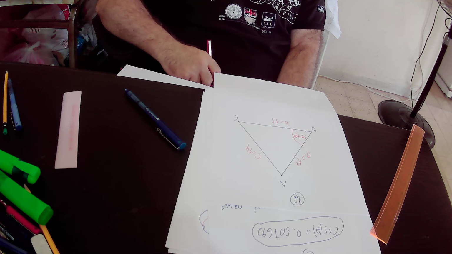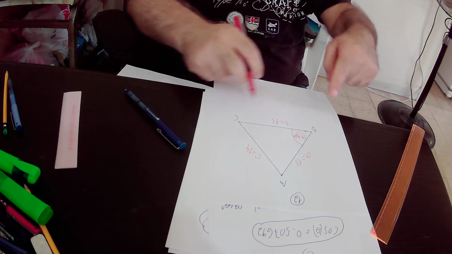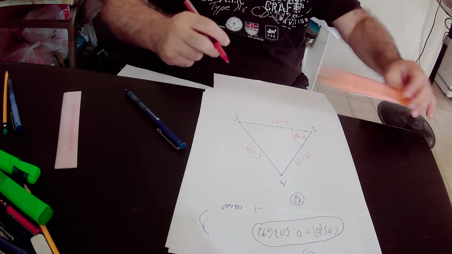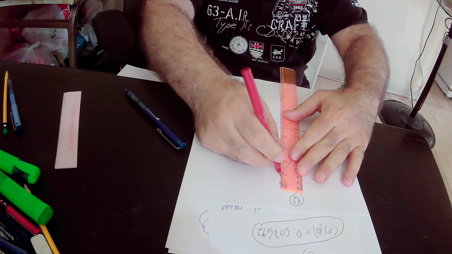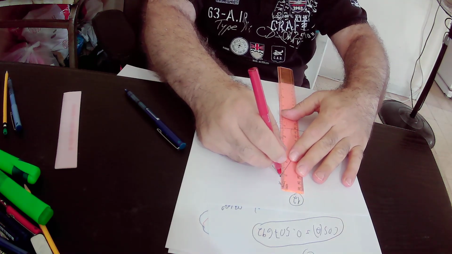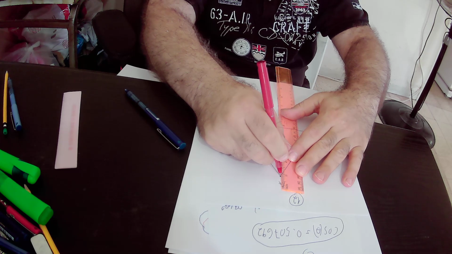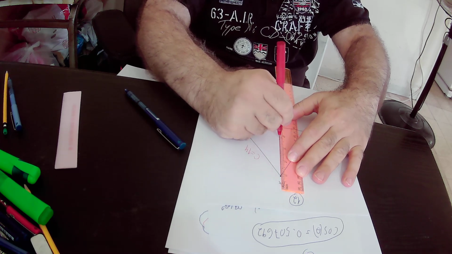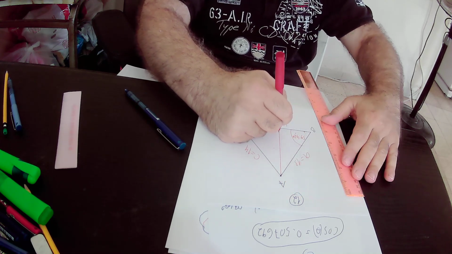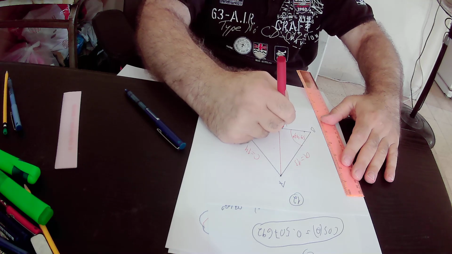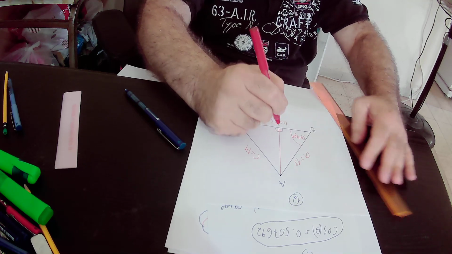Okay, and in the next step we will draw a perpendicular to side BC of triangle ABC. So this angle is a right angle and this angle is a right angle.